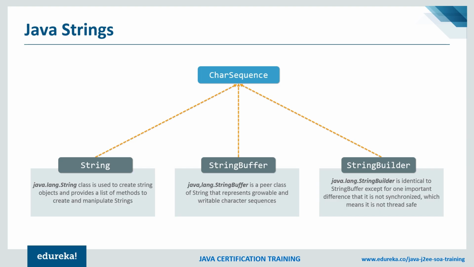But StringBuffer and StringBuilder are again CharSequences which can manipulate the data within. So they are the mutable versions of the string. Moving ahead, buffer and builder are different in a way that buffer is thread safe, whereas builder is not thread safe.